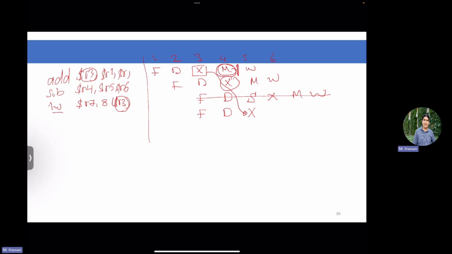So you forward from here to here. Does this make sense? In some cases, your result might be ready at the end of the execution, and you can take it from there. But in some other cases, you might need to take it from the memory stage, or directly after the write back stage. Make sense? Good.